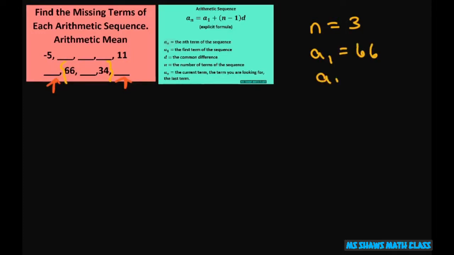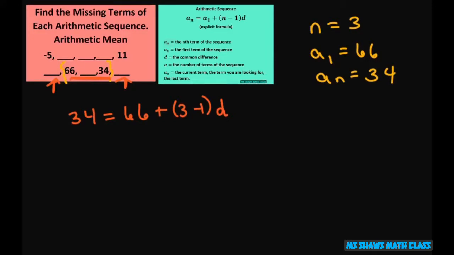And my last term, which would be, in this case, my third term, that's going to be 34. You could also take the arithmetic mean of that and just add it in. So we'll do both ways. So let's fill this in. We get 34 equals 66 plus 3 minus 1 times D.